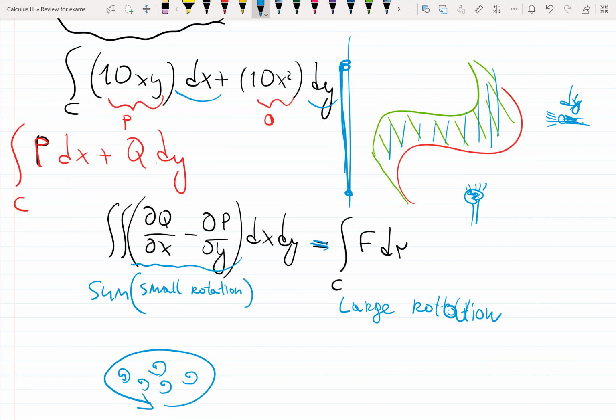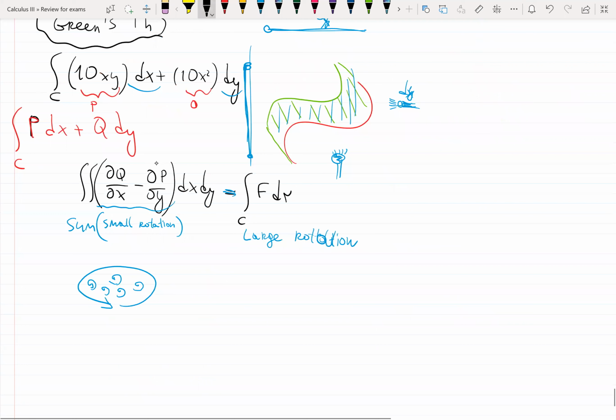So the parameterization is, we did it before. I don't want to do that. But the connection between integrals: you will have a double integral, derivative of q with respect to x. Q is 10x squared, so it will be 20x, minus the derivative of p, 10xy, with respect to y, which is 10x, like so.